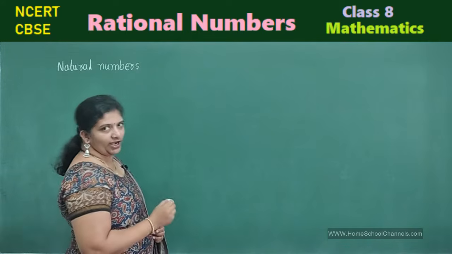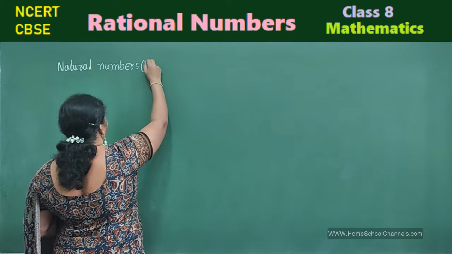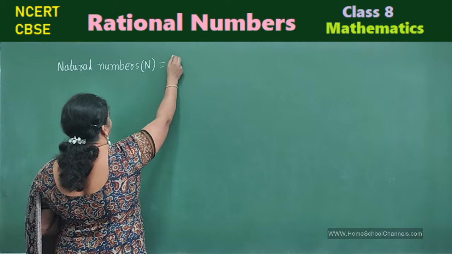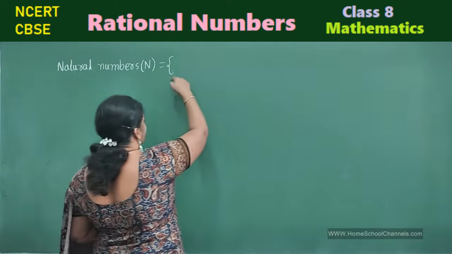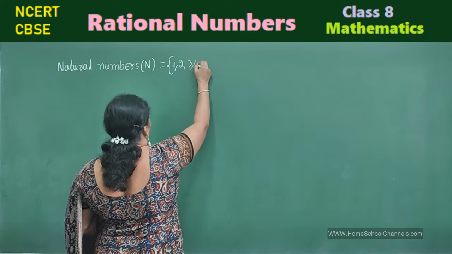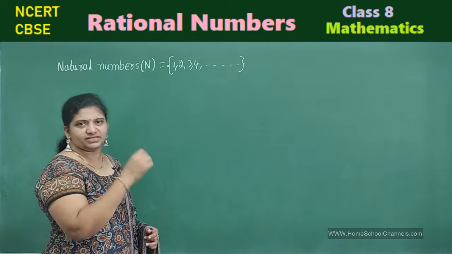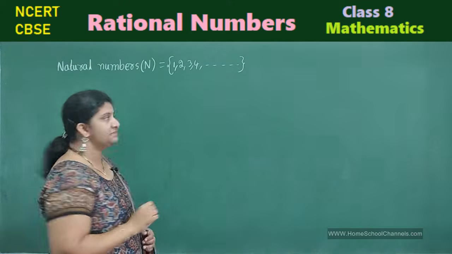Counting numbers are called the natural numbers and are represented by the letter capital N. We write the set of natural numbers with a flower bracket: 1, 2, 3, 4, and so on are called the natural numbers. There is no end for these numbers.